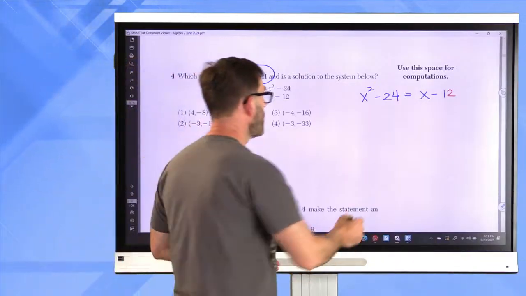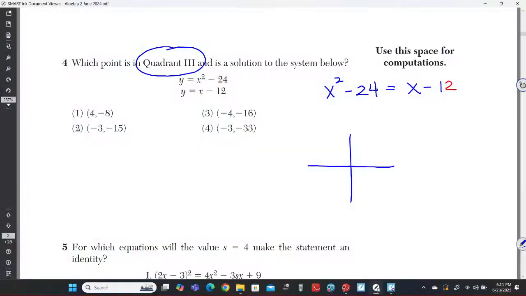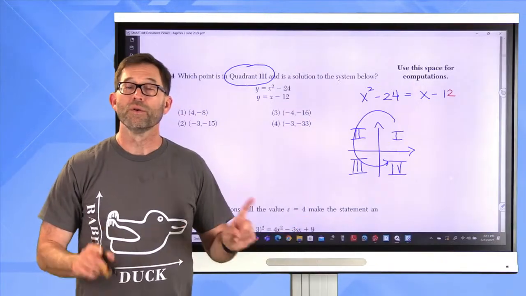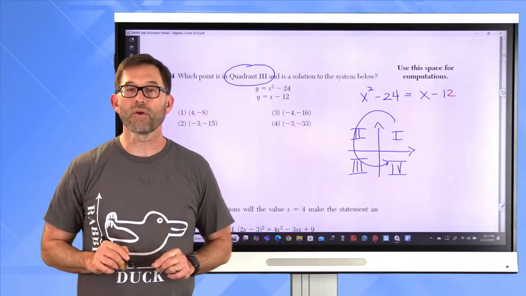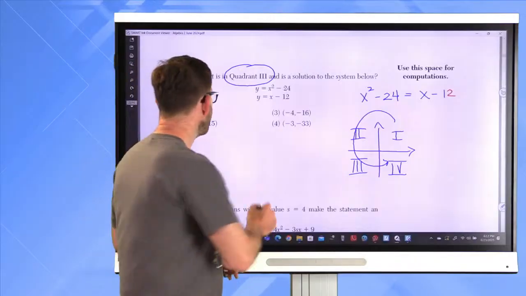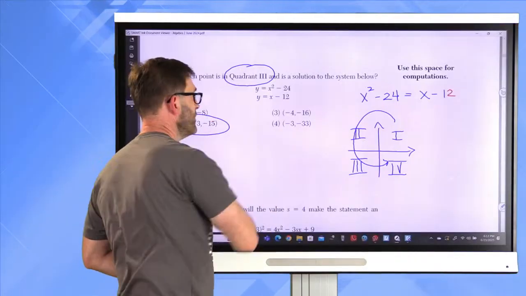Recall, especially from the trig work that you did this year, you've got quadrant 1, quadrant 2, quadrant 3, quadrant 4. Think about putting your pencil into quadrant 1 and drawing a C: 1, 2, 3, 4. So the one that's actually in quadrant 3 is -3, -15.